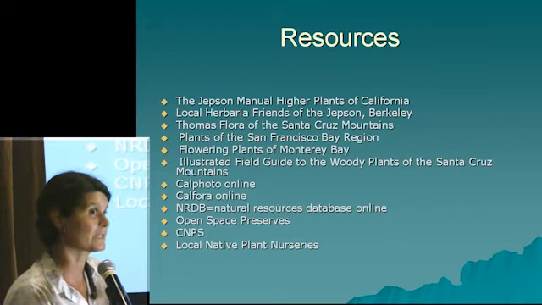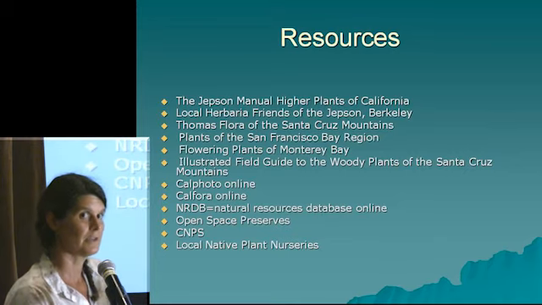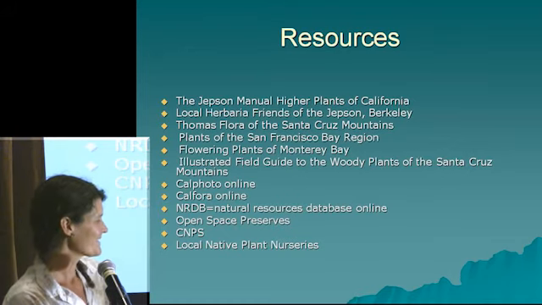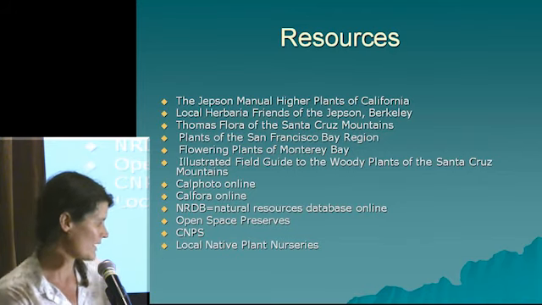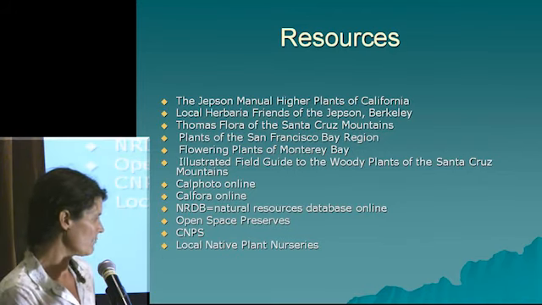It's a Berkeley site. I really like that. Sometimes I'm in question on something I've keyed, and I'll just type it in and look at the pictures and go, oh yeah, that is right, or oh, I'm way off. So it's nice. Yeah, CNPS and local native plant nurseries.